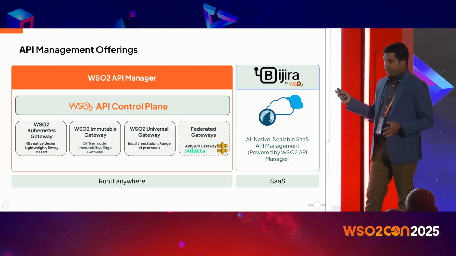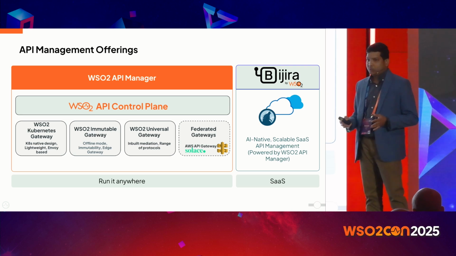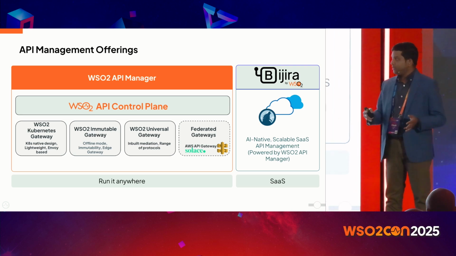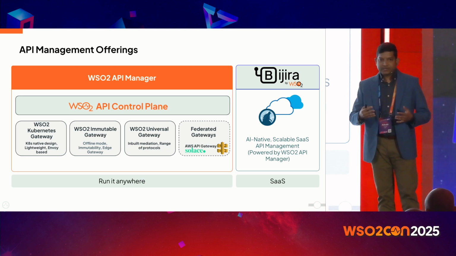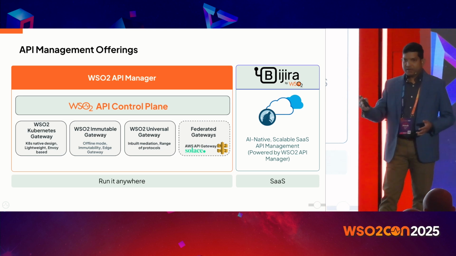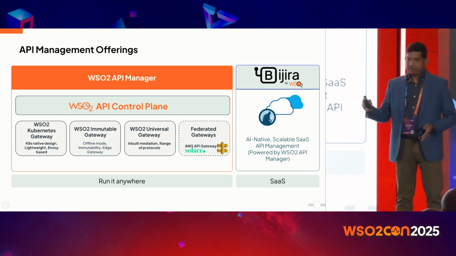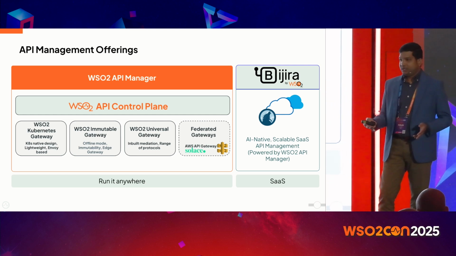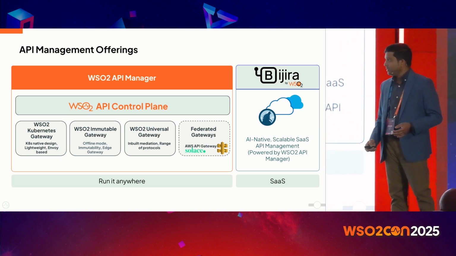The idea is that from the central API control plane, you can govern all these gateways and have central visibility for all your API gateways. We have another lab session after this session, which will cover more details regarding gateway federation.